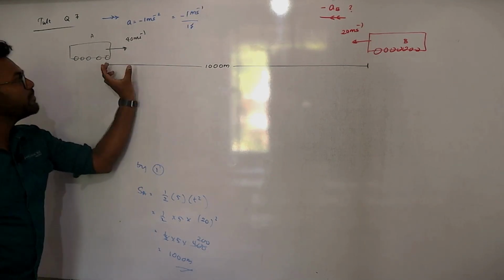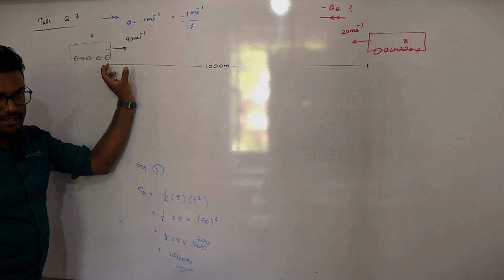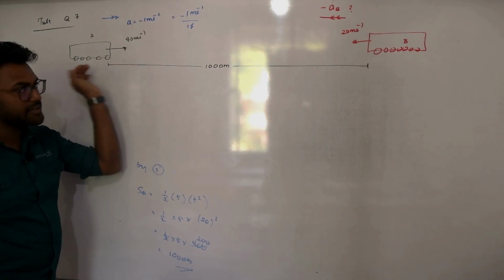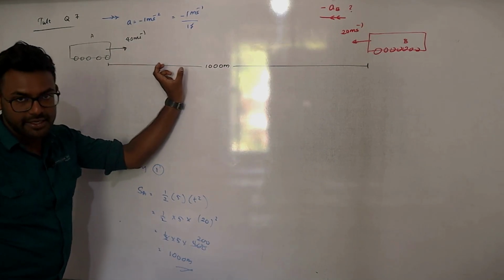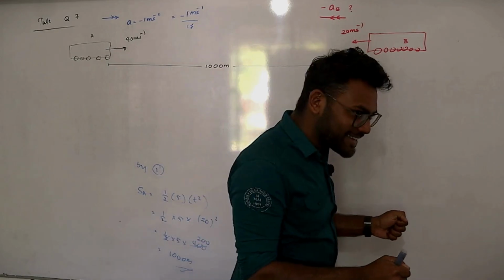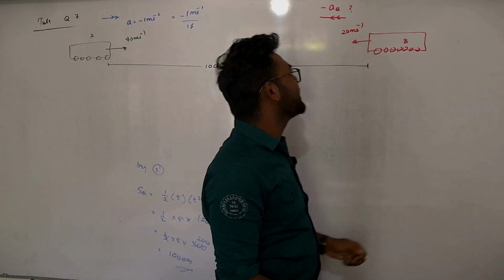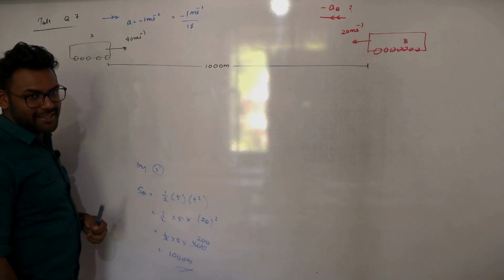So after 1 second goes by, what should be the velocity? 40 minus 1, 39. Still it goes forward, right? Because there's a forward velocity. Then after another second, 38, 37, 36, 35, like that, stopping. And at the same time, the B should stop too, right?